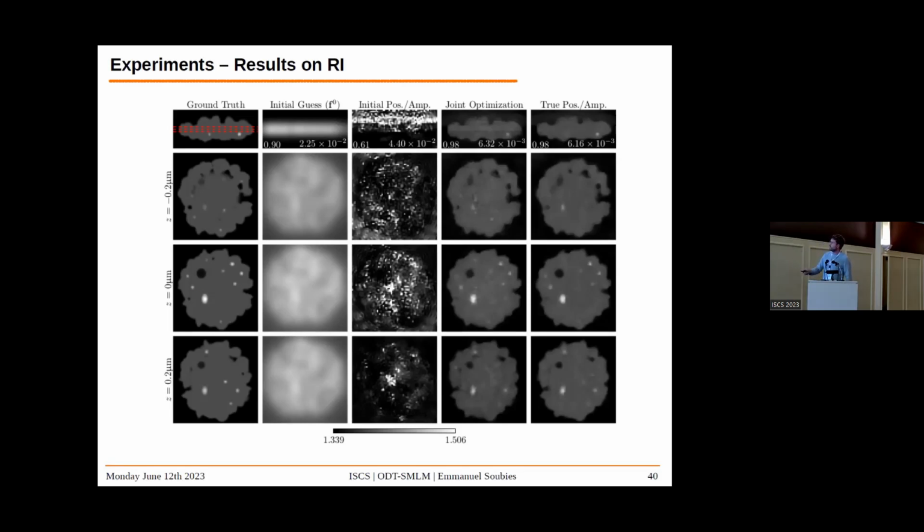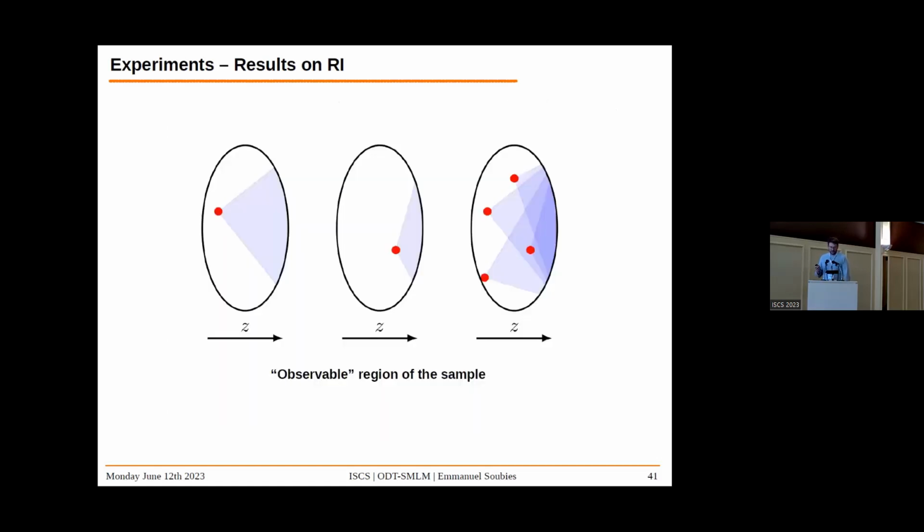Even if we have some artifacts for the plane at, for example, minus 0.2 micrometer. In this plane, I'm not sure it's very clear, but we can see some artifacts that are due, and I will come back to that later, to the position and amplitude of molecules that have not been precisely estimated.